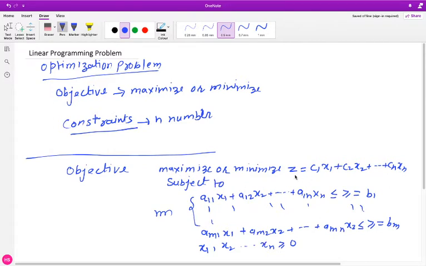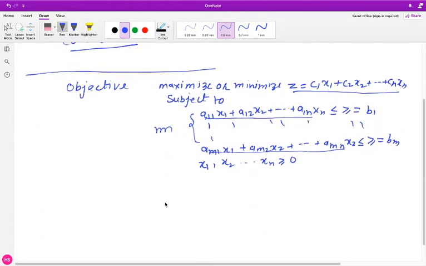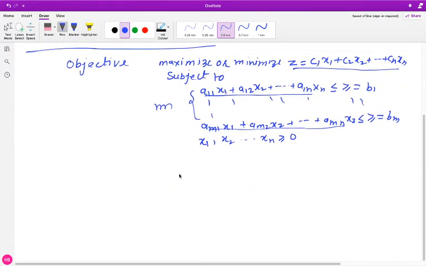Because the objective and all the constraints are going to be linear. That's why this is called linear programming problem. If either one is not linear, the objective or the constraint, then this problem will become a non-linear programming problem. I hope this definition is clear to you.